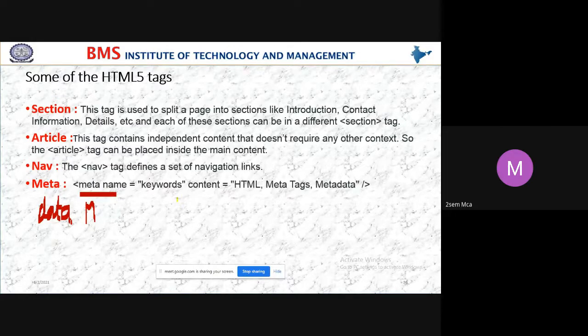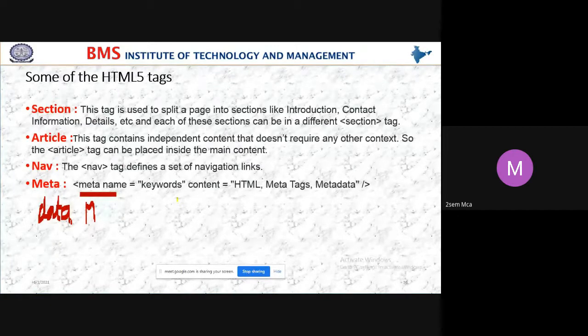Similarly, this metadata contains the additional information of a program, and whatever information you give in the metadata will not be displayed in the web page. Getting? In the metadata tag, whatever information you give will not be displayed in the output. It contains the additional information of your program.